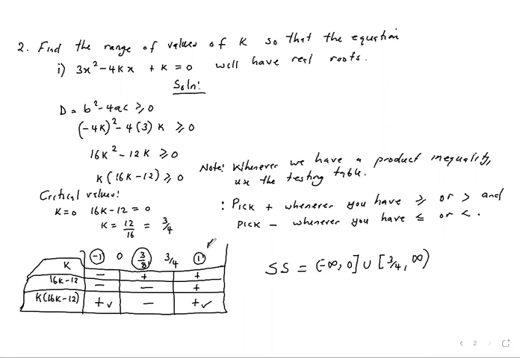You can't use this one, you just picked it. If you wanted, you could have used 100. It's also a number bigger than 3/4. Now, should we say from 100 going the other side? No. We always start from the critical values going to the other sides.